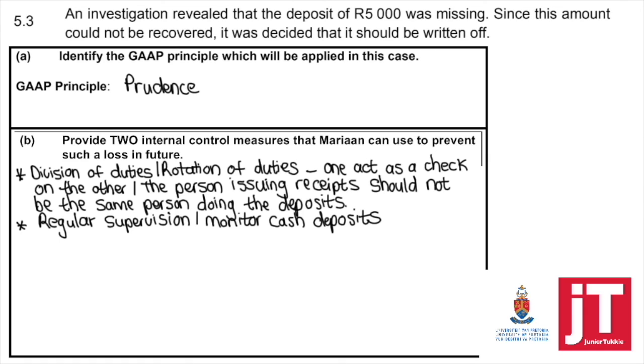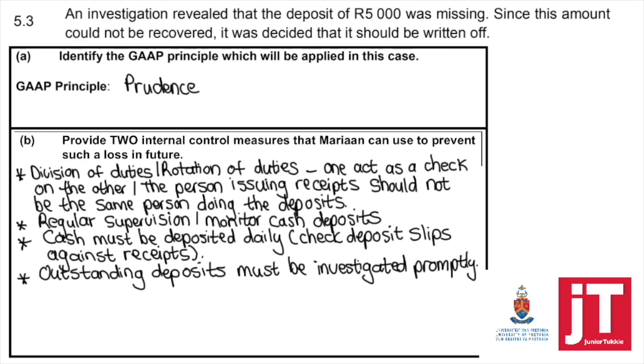Do regular supervision or monitoring of cash deposits. Cash must be deposited daily. Check deposit slips against the receipts. Outstanding deposits must be investigated promptly. Encourage EFT payments by customers or debtors.